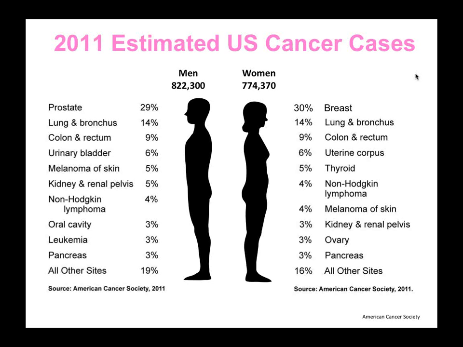The three big cancers in terms of incidence in men are prostate, lung cancer, and then colorectal cancer. In women, the big three, number one is breast cancer, number two, lung cancer, number three, colorectal cancer. So those are really the primary cancers, and you can see that there are a number of other types of cancer that are much less frequent. For women, about 3% of all new cancer cases are diagnoses of ovarian cancer.